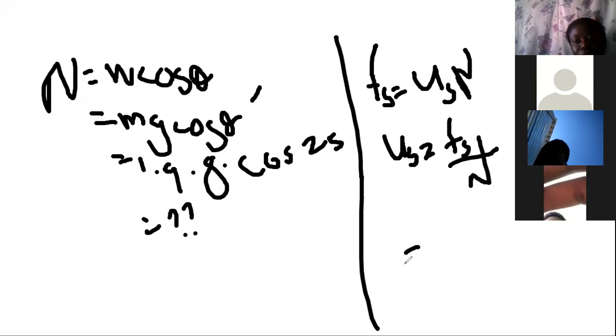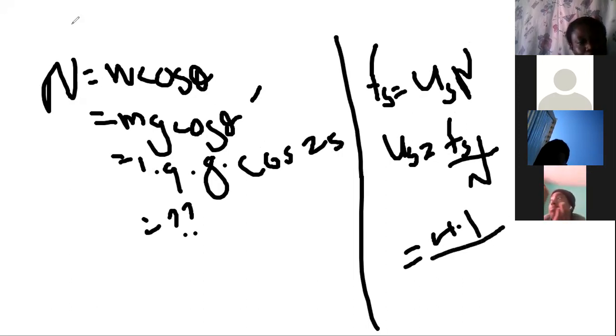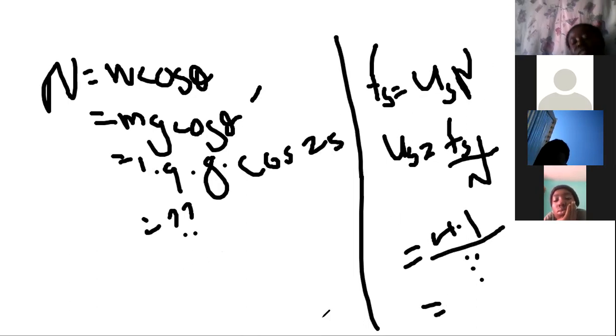Remember, you have found your static friction, which is equal to 4.1. You found your normal force from here, you plug it in there, and then you get the answer. That answer will be the same as the one that we did. Like you see, that's the angles.